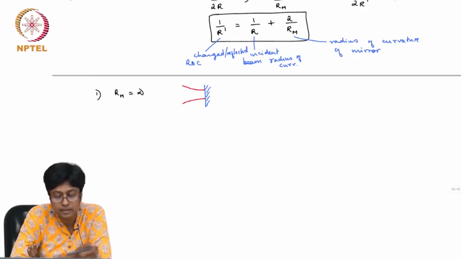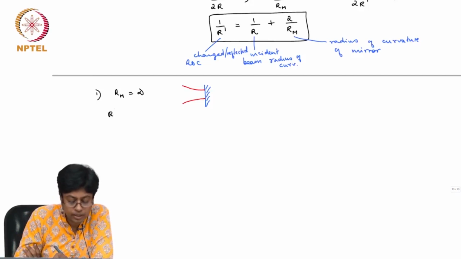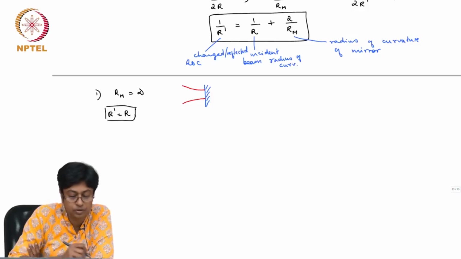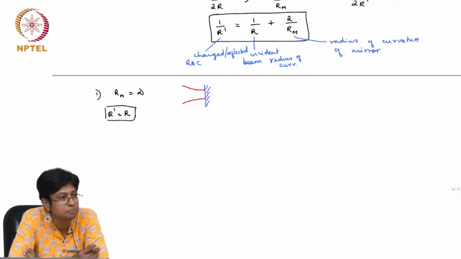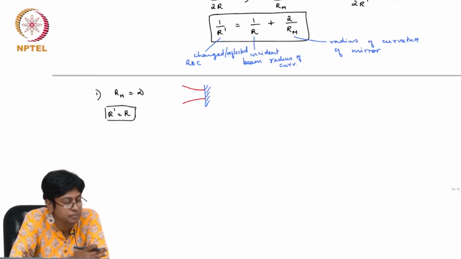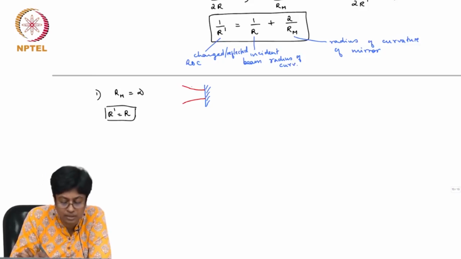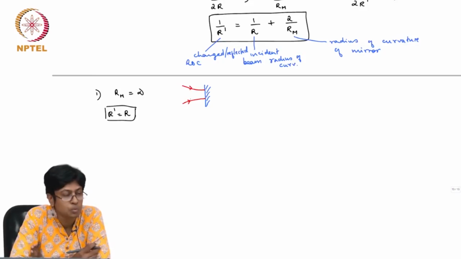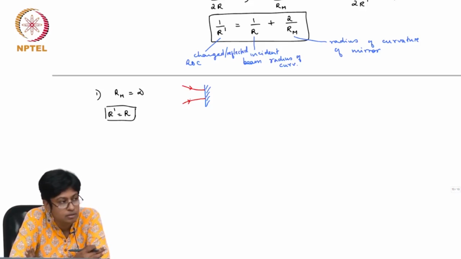The equation clearly tells me that the new radius of curvature is going to be equal to the earlier radius of curvature. What does that mean for the beam incident on the mirror? How have I drawn the incident beam? What should I do for the reflected beam?